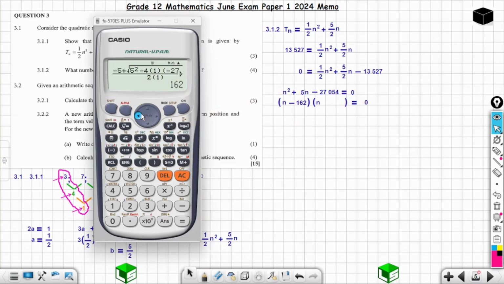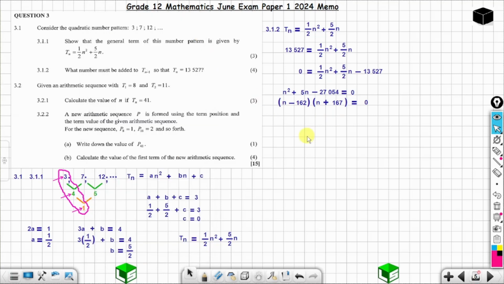Let's find another root. Now you are going to use minus. You have this, you are going to have plus 167. When you solve, you are going to have minus 167.